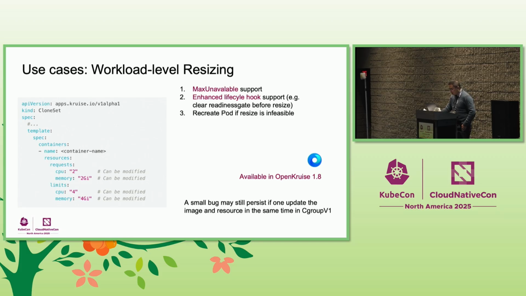For example, especially for changes involving container restarting, such as memory resizing, because when we resize memory, for some applications, you cannot get the effect until you restart the application. By applying in-place resizing inside the workload controller, we can ensure that the traffic is drained before applying the disruptive resizing operations.